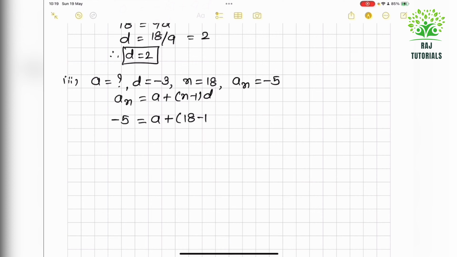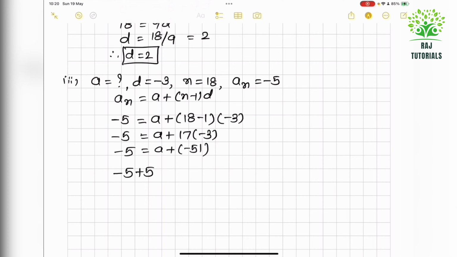N is 18, so 18 minus 1, into D, which is minus 3. So minus 5 equal to A plus 17 into minus 3. So minus 5 equal to A plus minus 51. If I take minus 51 to that side, it will become plus. So minus 5 plus 51 equal to A. So A equal to 46.